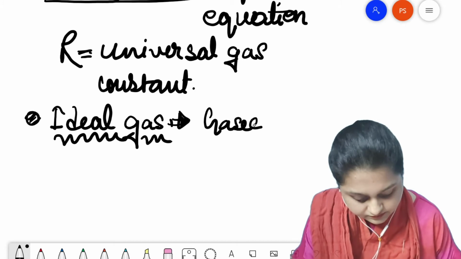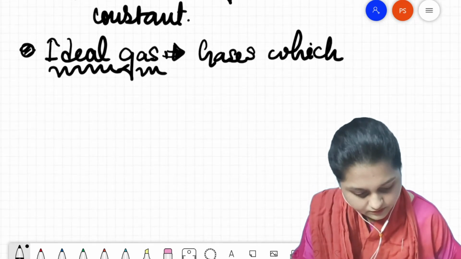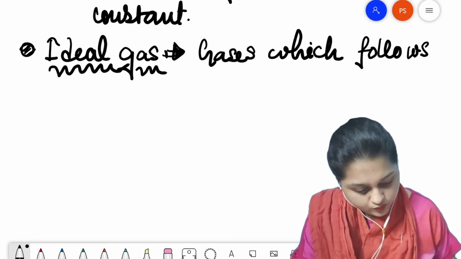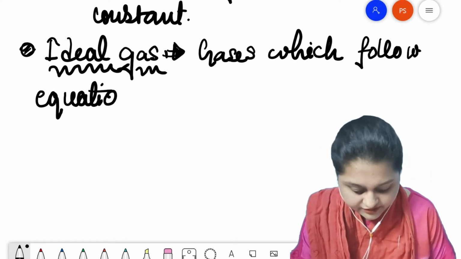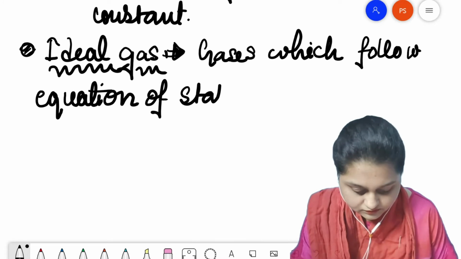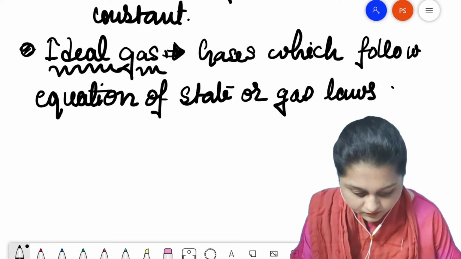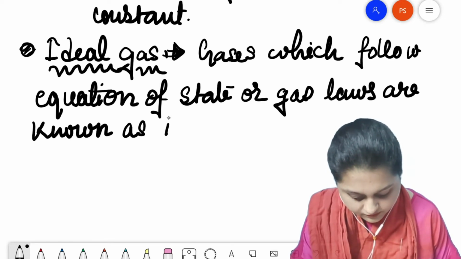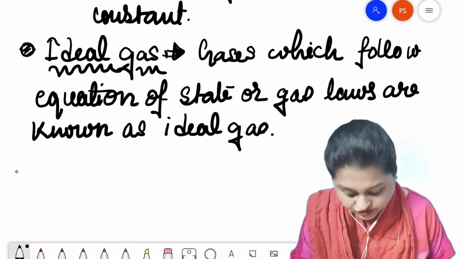So by definition, gases which follow the equation of state or gas laws are known as ideal gas. Then what are real gases?